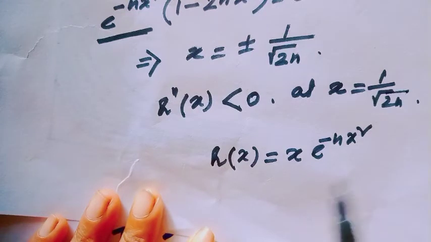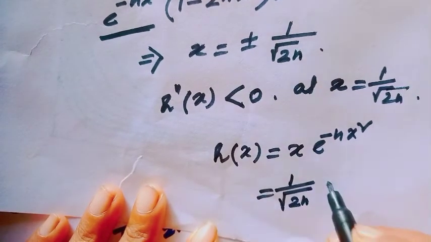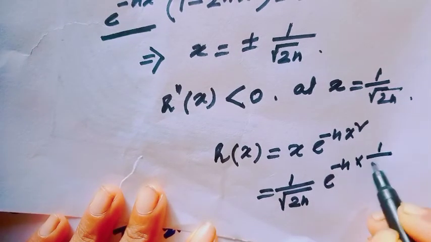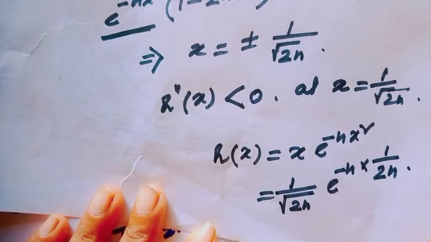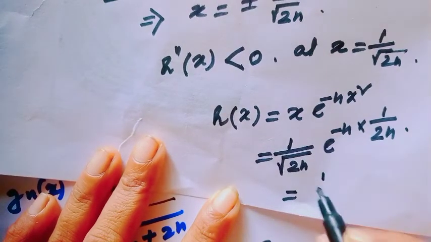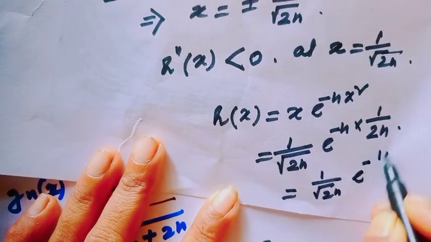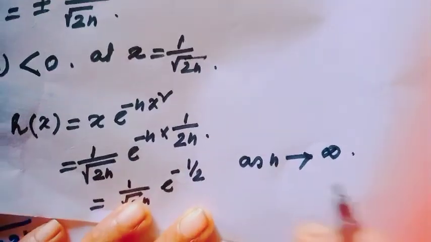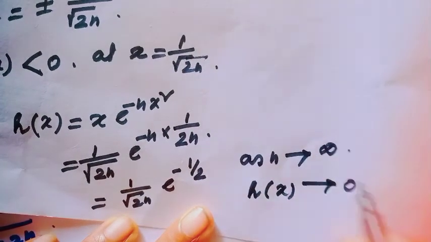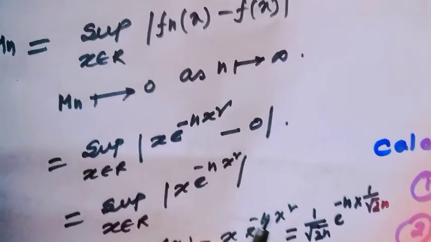Now put in the value: it is 1 over square root of 2n times e to the power minus n times 1 over 2n. Just calculate, this value is 1 over square root of 2n times e to the power minus half. As n tends to infinity, this obviously tends to 0. Means our proof is done.